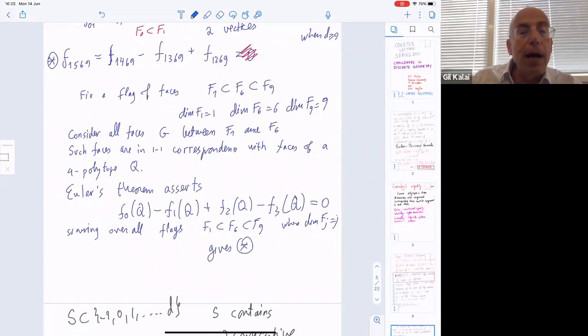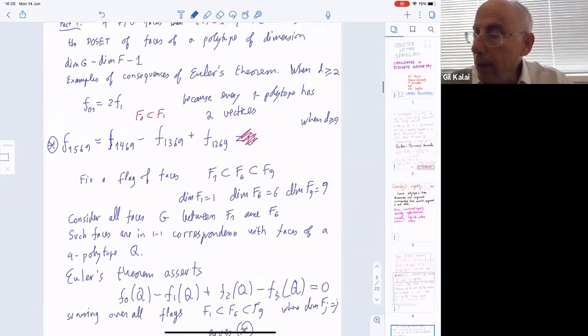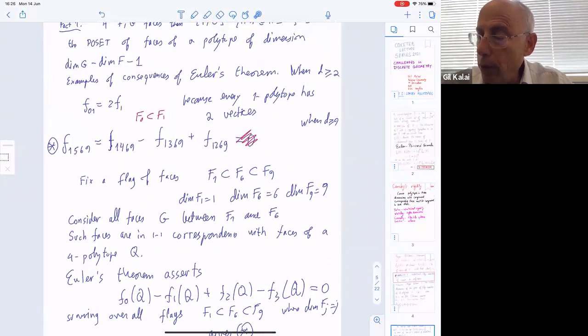And when we sum up over all flags we started with, F1 subset of F6 subset of F9, and here the convention is that the dimension of Fi is i, then this gives us the conclusion.